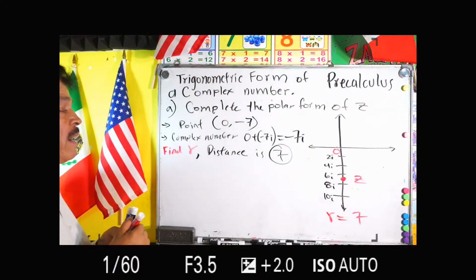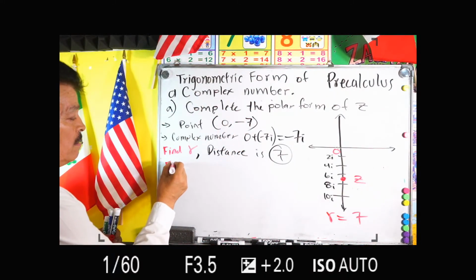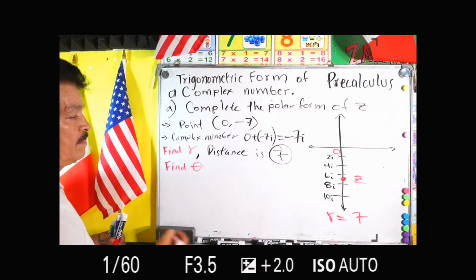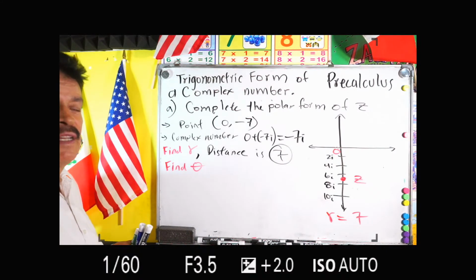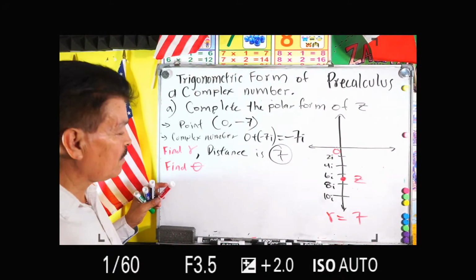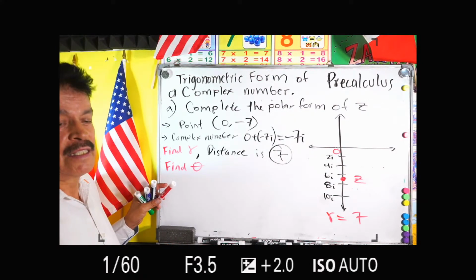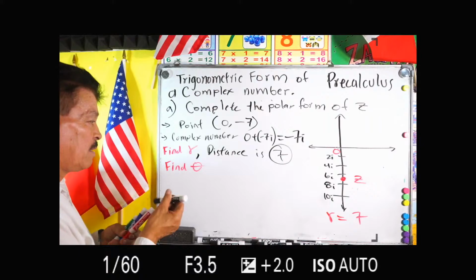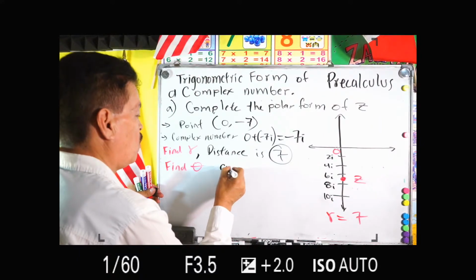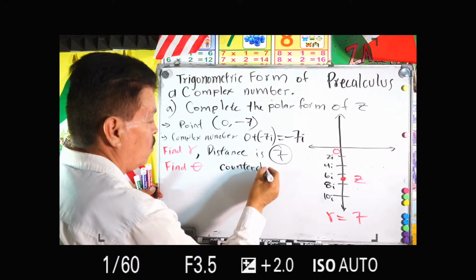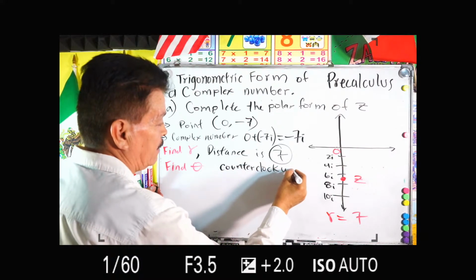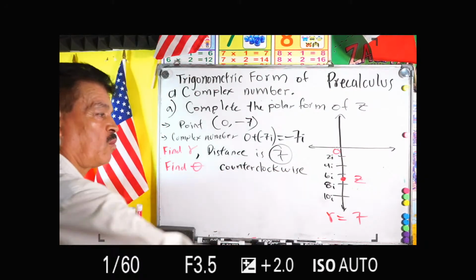Now we have to find the angle right there. The angle is going to be different than the other one. Remember the other one. In this case, it is counterclockwise.